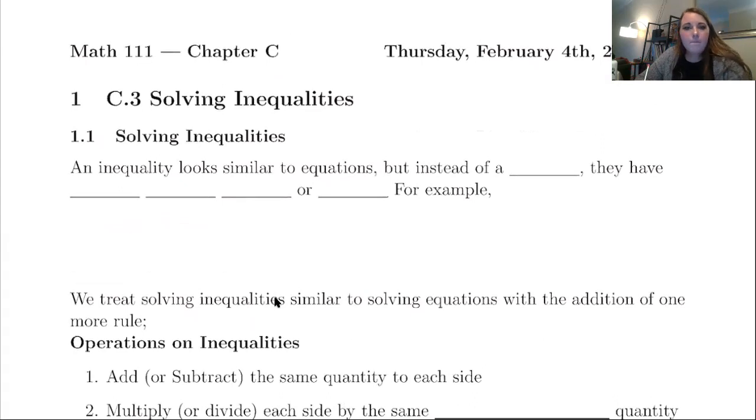But yeah, okay. So C.3 is all about solving inequalities, right? So an inequality looks similar to an equation, but instead of an equal sign, they're going to have a less than sign, a greater than sign, greater than or equal to, less than, or a less than or equal to sign.